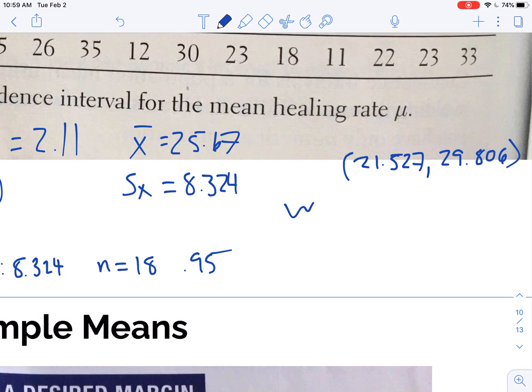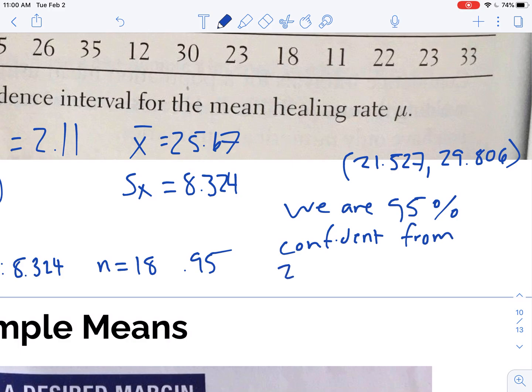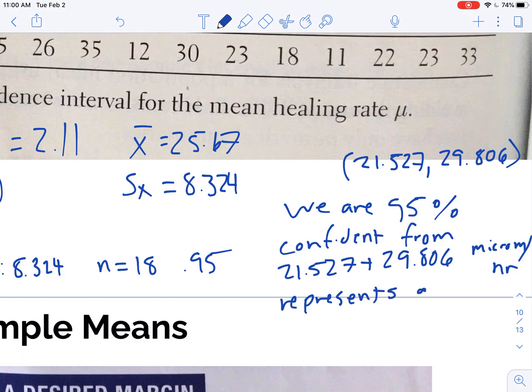So then I can say we are 95% confident that the interval from 21.527 to 29.806 micrometers per hour represents the average healing speed of the skin of a newt.